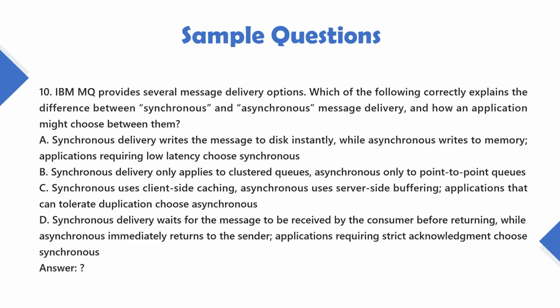B. Synchronous delivery only applies to clustered queues, asynchronous only to point-to-point queues. C. Synchronous uses client-side caching, asynchronous uses server-side buffering. Applications that can tolerate duplication choose asynchronous. D. Synchronous delivery waits for the message to be received by the consumer before returning, while asynchronous immediately returns to the sender. Applications requiring strict acknowledgement choose synchronous. Answer: D.